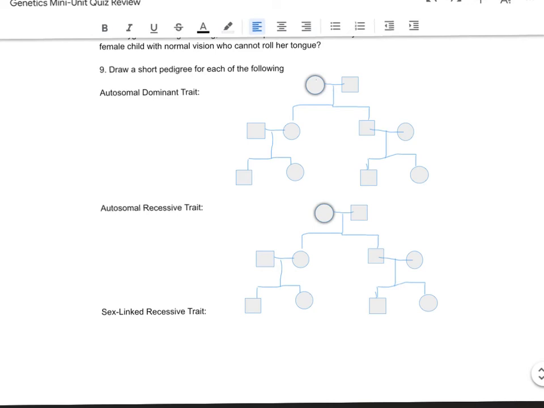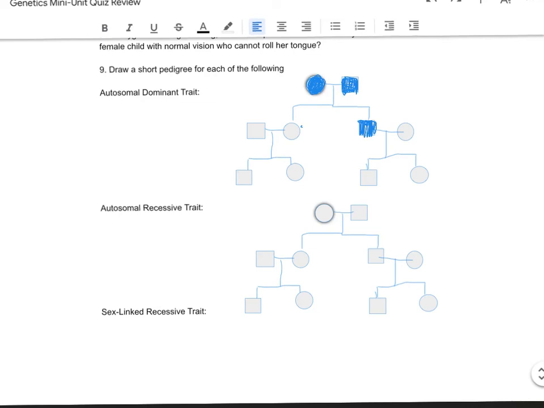So there's different things you could do for this pedigree, but let's say both parents or grandparents, I suppose, the first generation had this trait. In that case, let's say potentially they could be heterozygous, right? So we could get a situation where maybe one child has it and the other child here doesn't, because if they were both heterozygous and this was a dominant trait, you could get a child with the recessive trait out of this.